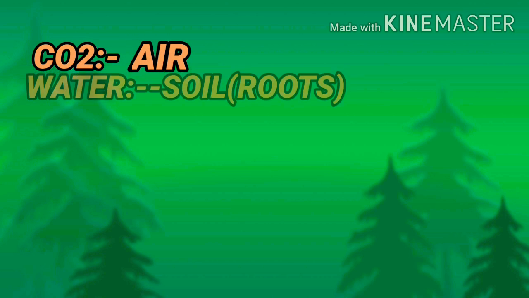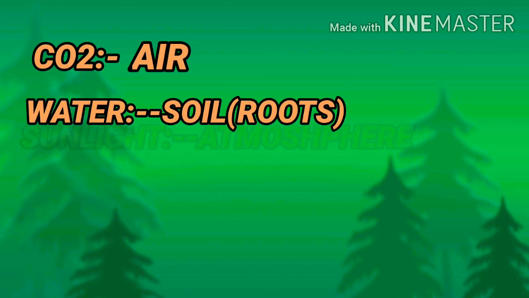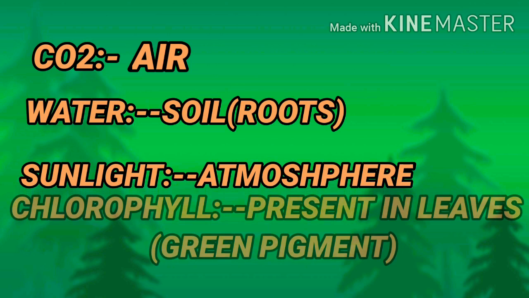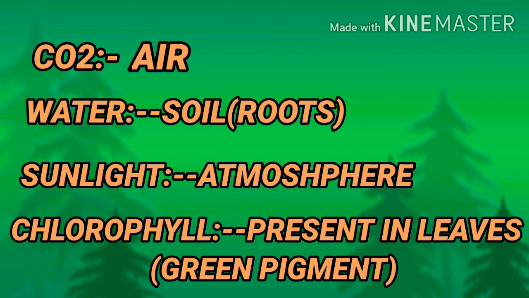Now we have to understand from where we get all these materials. Like carbon dioxide, how do we get it? We get carbon dioxide from air. As we know, inside the air carbon dioxide is present, as well as many other gases. Then water.